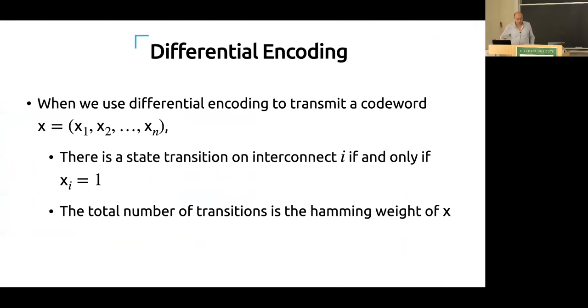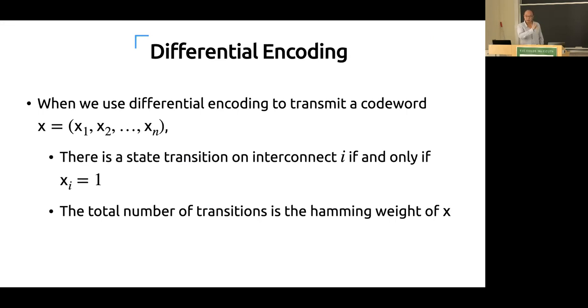There's something useful about differential encoding: when we use it to transmit a code word, say x, there's a state transition on an interconnect if and only if the corresponding position in the code word is a 1.